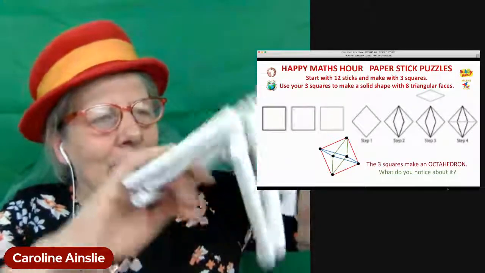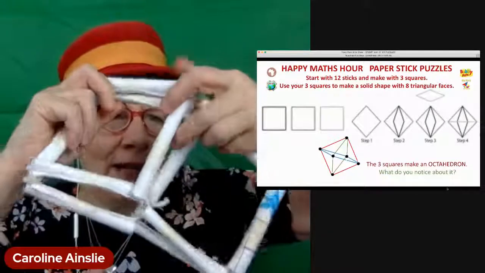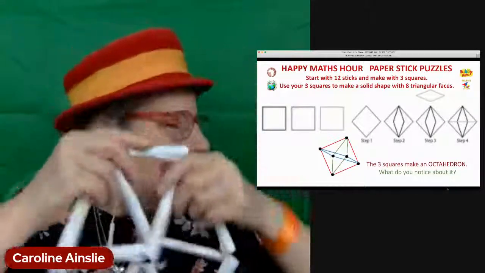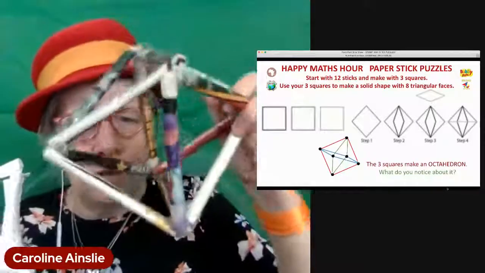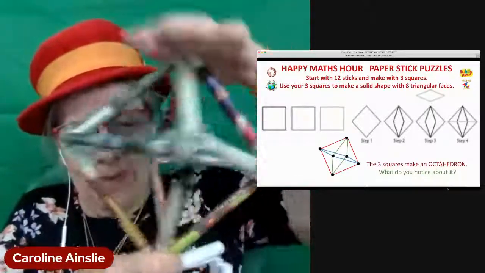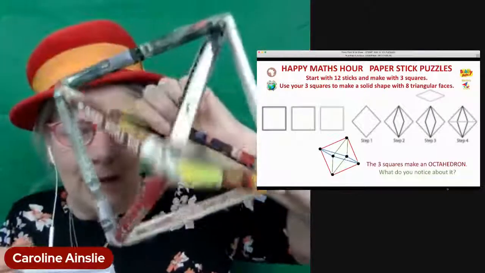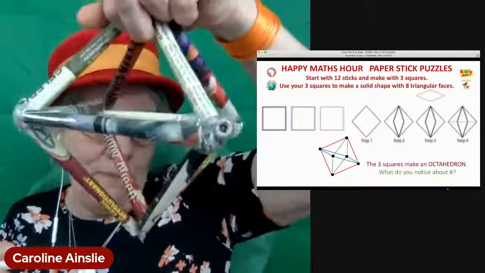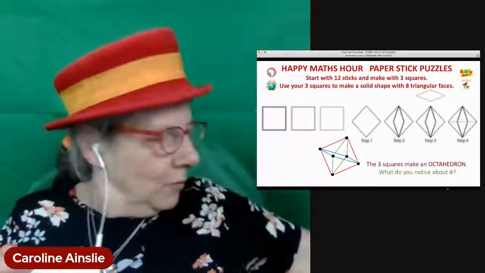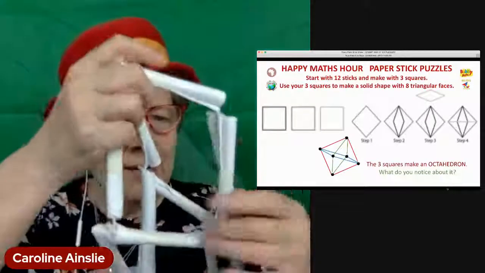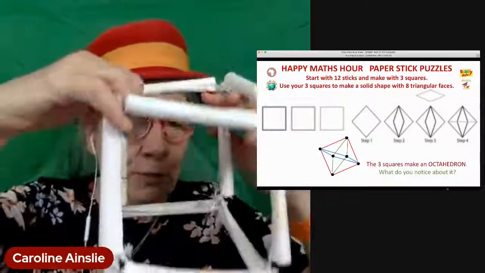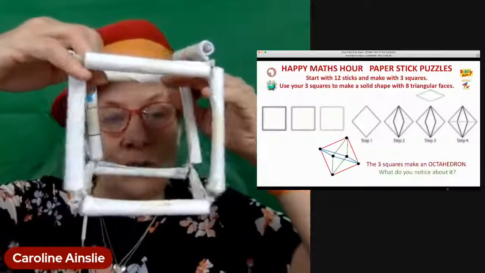Cool. So talk about doing different shapes. This is a really good one. So you can see with the octahedron, it's firm. It's rigid. I can only squish that by actually breaking it or breaking the vertices or something. But here is a cube, and in order for the cube to hold its shape, I actually have to hold it.